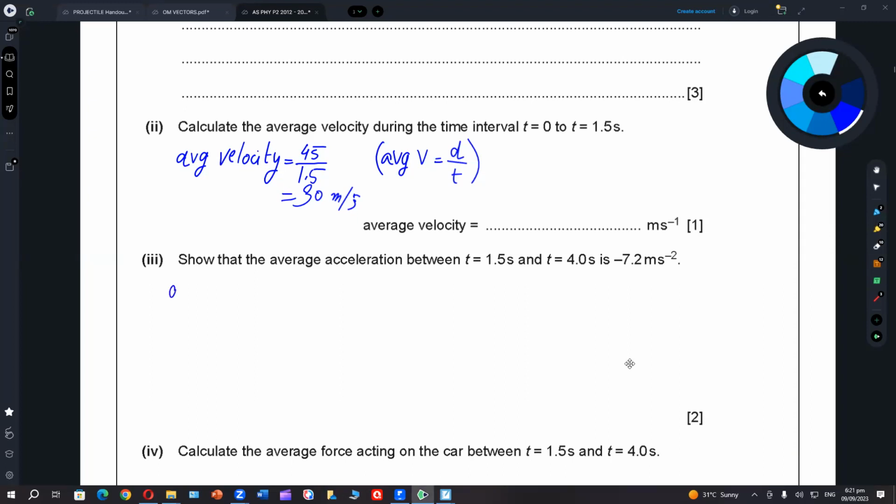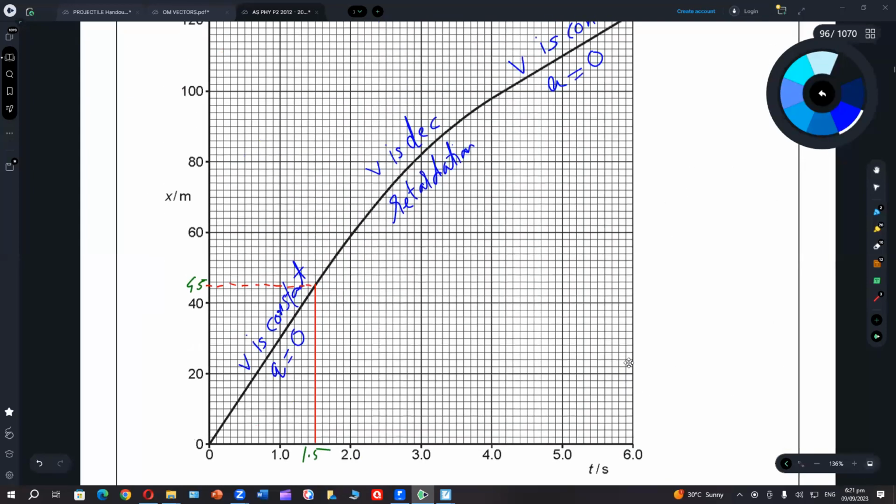The formula for acceleration is v minus u upon delta t, the change in time. So at t is equal to 4 and t is equal to 1.5, I think I should find the velocity at 4, as I have the velocity at 1.5, and then I can find the acceleration.